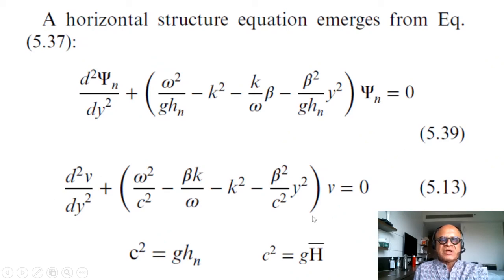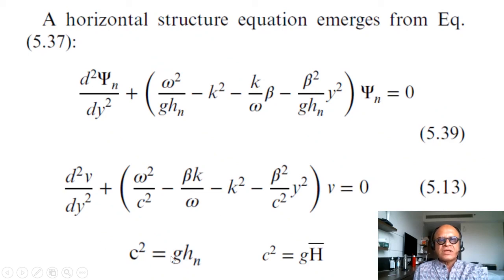The equation is somewhat similar to what we saw before when we had just horizontal motion and no vertical structure. So in that case it was d squared v over dy squared, and a similar looking thing here, some differences rearranged, but v equals 0.